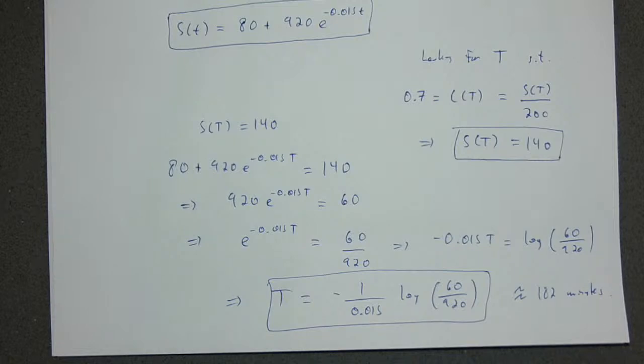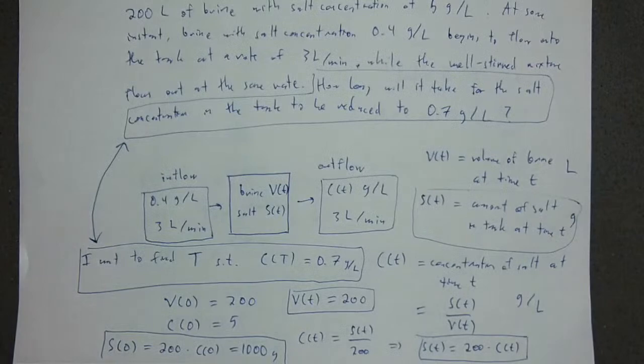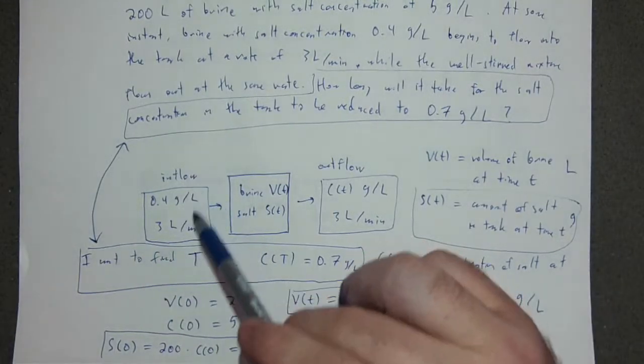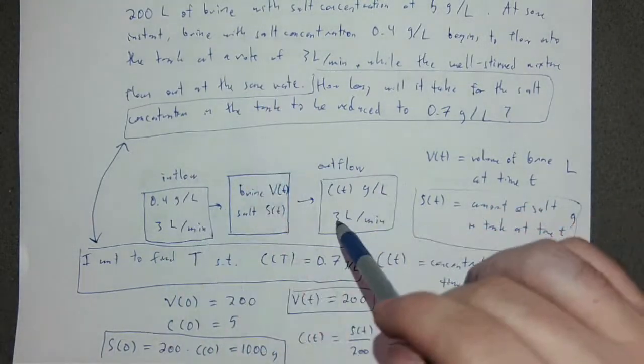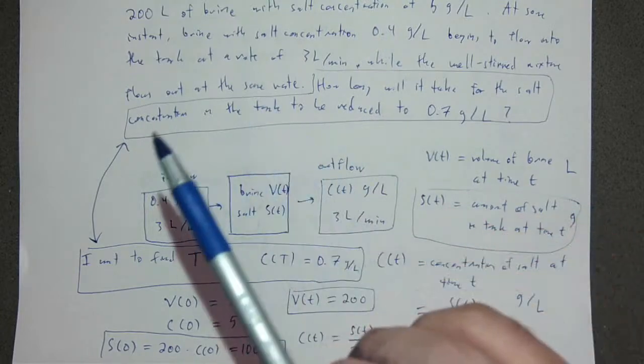This is a really good example because it shows you exactly the sort of thing that you could be asked. The more typical variations on this problem are that you could be given inflow and outflow rates that are different. So you could be given an inflow rate that is greater than the outflow rate, so the volume is not constant, it's changing.